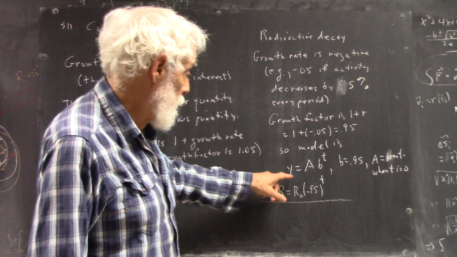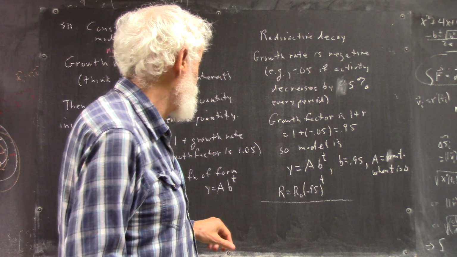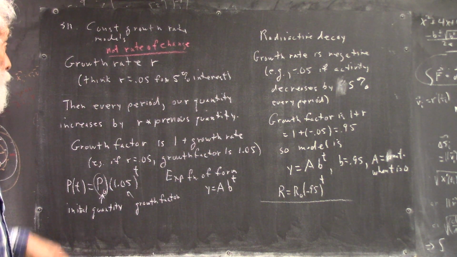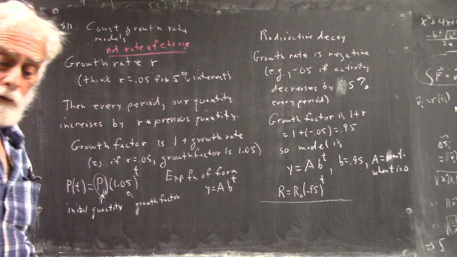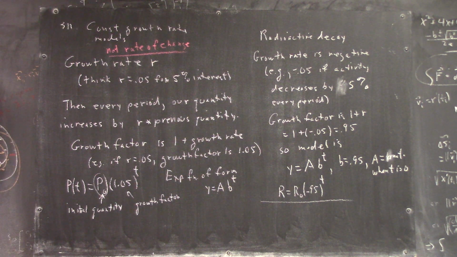We plug those 2 data points in, we do a model of this nature, and of course we know how to do that. So this is kind of the way constant growth rate models work. I didn't address compound interest, but that's something we've done quite a bit of, so you should review that, obviously.